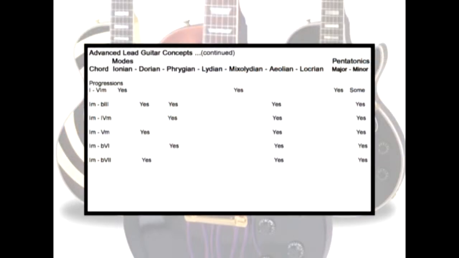The 1 minor to flat 7 major chord. This progression shares the same notes as the Aeolian and Dorian modes and minor pentatonic. We're calling this a flat 7 chord because we're deriving the root note from the minor scale.